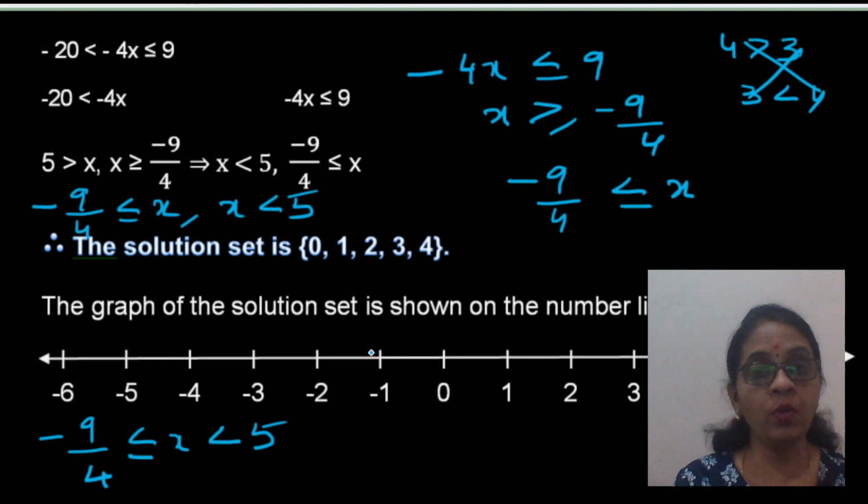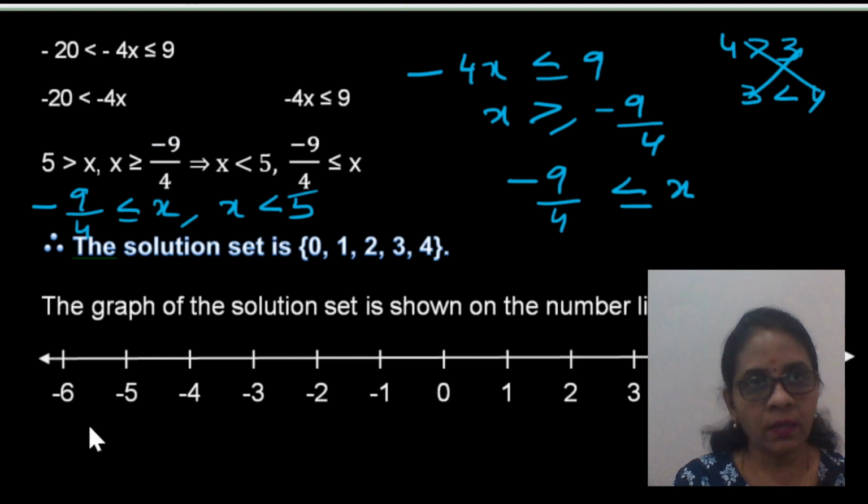Now, how do you write it in set builder notation? Very simple. The same method that we followed earlier. Open a curly bracket, write x such that, write the solution set. Please remember to write it as an improper fraction.